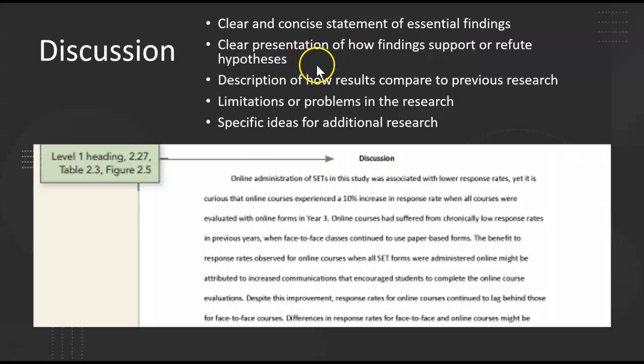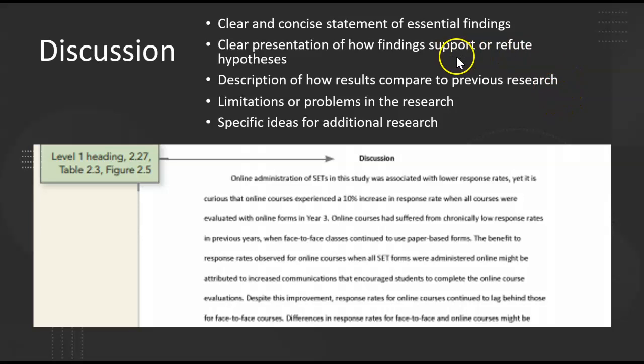You then present the connection between your findings and the research you presented in the introduction section, drawing comparisons. Were your findings consistent with previous research? Were they inconsistent with previous research? And when you're doing this, you have to explain why you think that is.